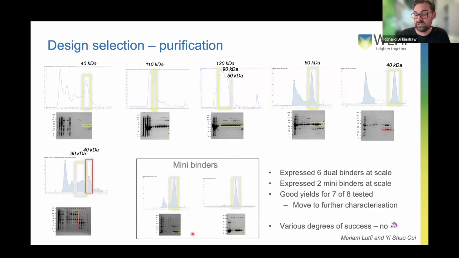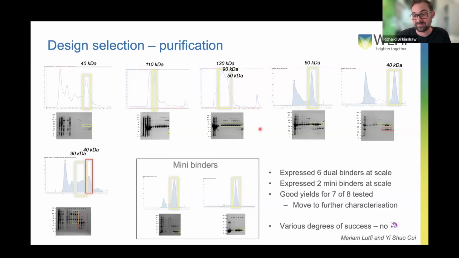The mini binders, in contrast, were a lot simpler. We did tend to just see these as monomers, particularly this one here. Often we did see weird things happening as well, such as additional bands. We haven't gone on to characterize these higher order bands in detail, but they do appear to be some form of SDS resistant dimer of our design protein, as opposed to contaminating proteins from the E. coli expression.